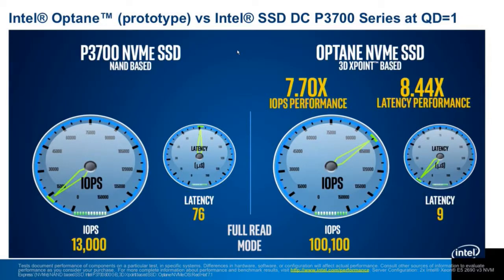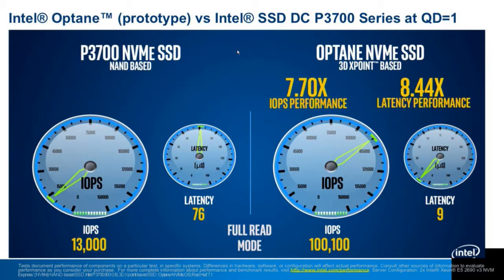And this is a prototype. We compared it with the current fast P3700 NAND-based SSD. We call it Optane, which we announced last summer at IDF. It's a 3D XPoint based SSD. It's the same as a PCIe NVMe SSD, with the same interface and protocol. You can just replace the current NVMe SSD by plugging it in, and you get high performance.